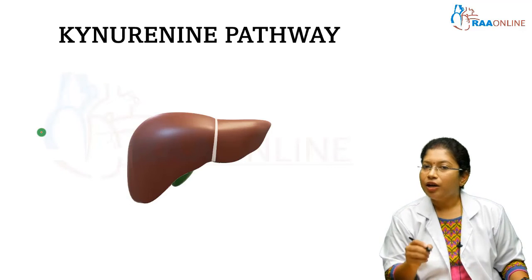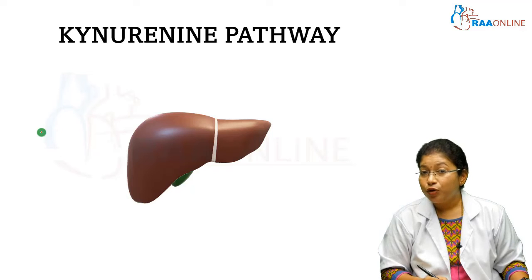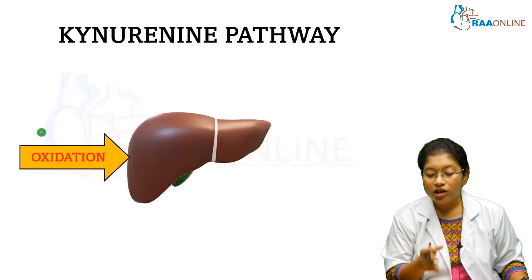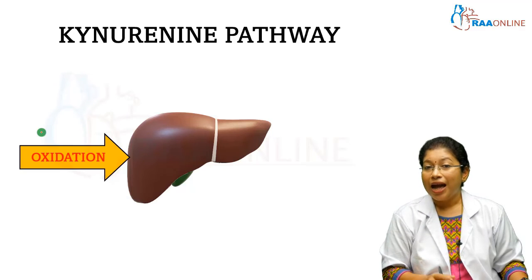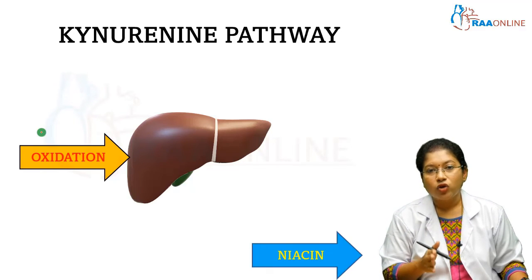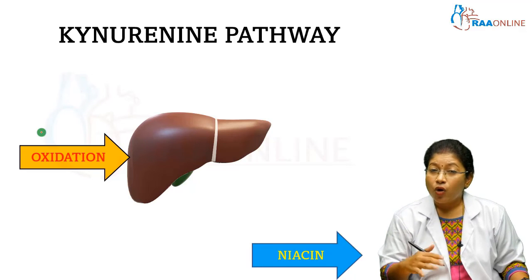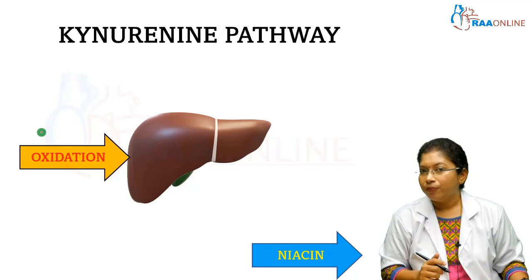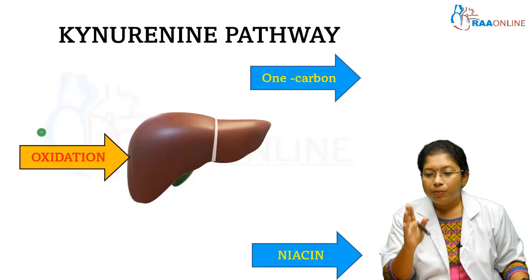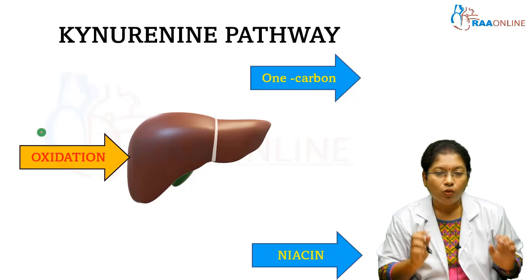In this kynurenine pathway, tryptophan is oxidized in the liver, and it can form niacin. That is why it is called the kynurenine nicotinate pathway. It also can give a 1-carbon compound which can be placed in the 1-carbon pool.